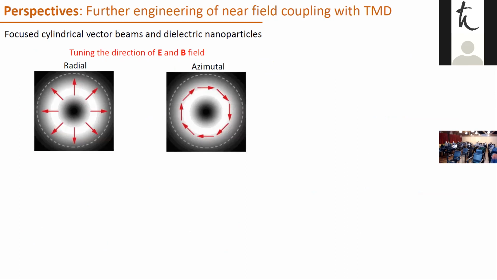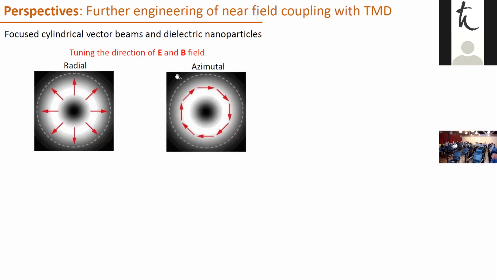As you've seen, the direction and the amplitude of the electric field is critical in this system. So we decided to work with a focused cylindrical vector beam coupled with this dielectric nanoparticle.